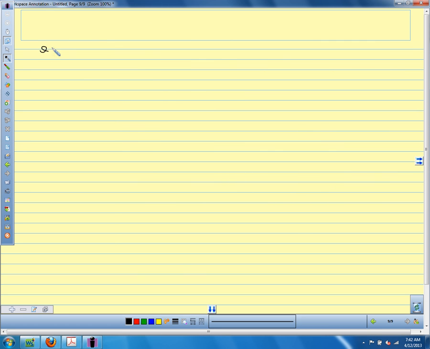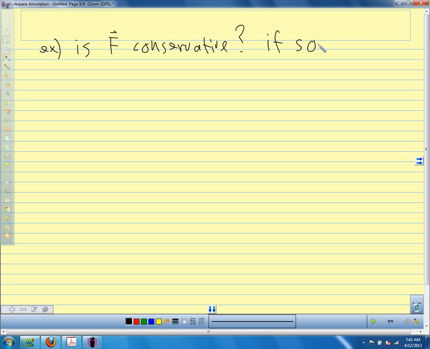So our question is: is F conservative? And if so, find a potential function.